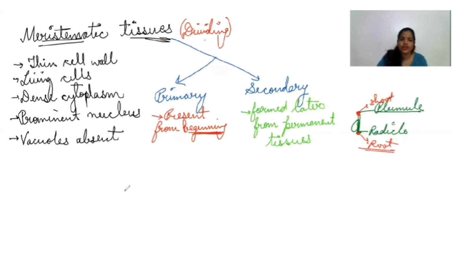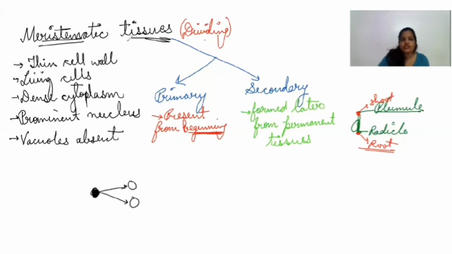So let's say I'm just drawing a single cell, not naming the cell, nothing. I'm just showing you to explain the thing. This is one cell. This cell has the division capacity and it is forming two cells.